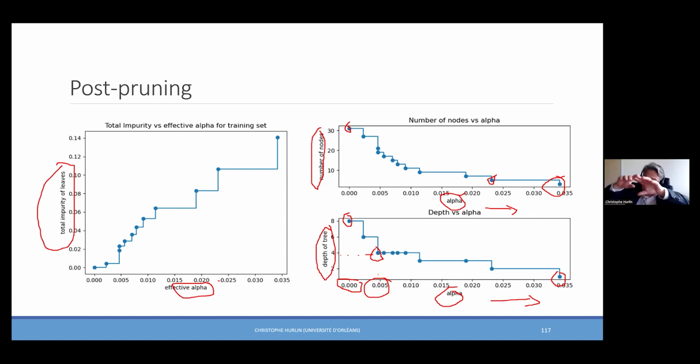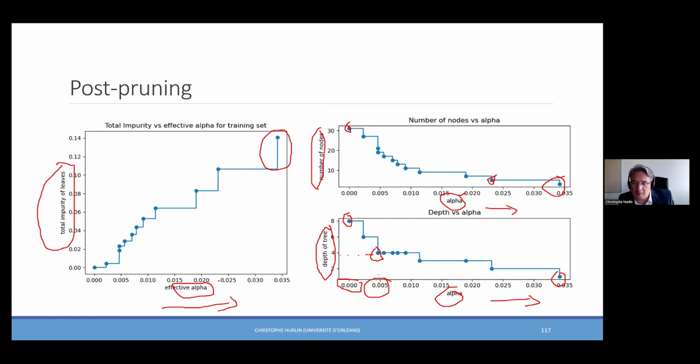So this is the sum of the decrease of impurity at each stage of the model. This is the same thing as the trade-off between bias and variance that we mentioned in previous days. If you increase alpha, you have a less complicated model, and this less complicated model has lower accuracy, because it does not reduce the impurity as much.